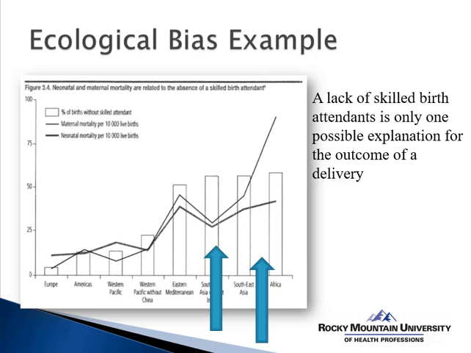So is it that a lack of skilled birth attendants is the explanation? Well, we see some lower ones here. They're still higher than the Western ones. But we also see there's some really high ones. And so it may not be that skilled birth attendants is the only explanation.